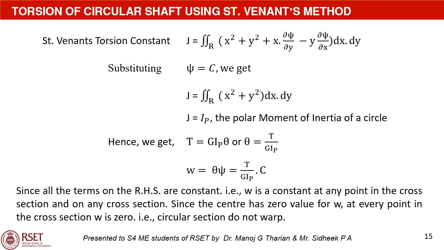At the origin, the displacement along the axis W is 0. So, the value of W at every point in the cross section is 0. This means for the circular section, the section does not warp on the application of the torque.